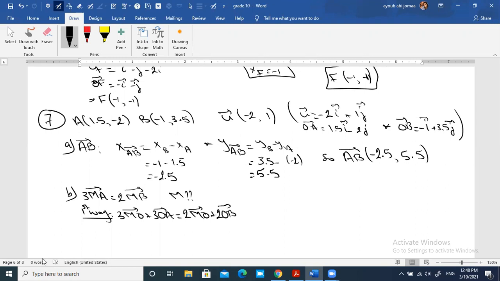So we get the MO on one side, 3MO minus 2MO. So 3MO minus 2MO is equal to 2OB minus 3OA. So MO is equal to 2OB minus 3OA. What about vector OB?